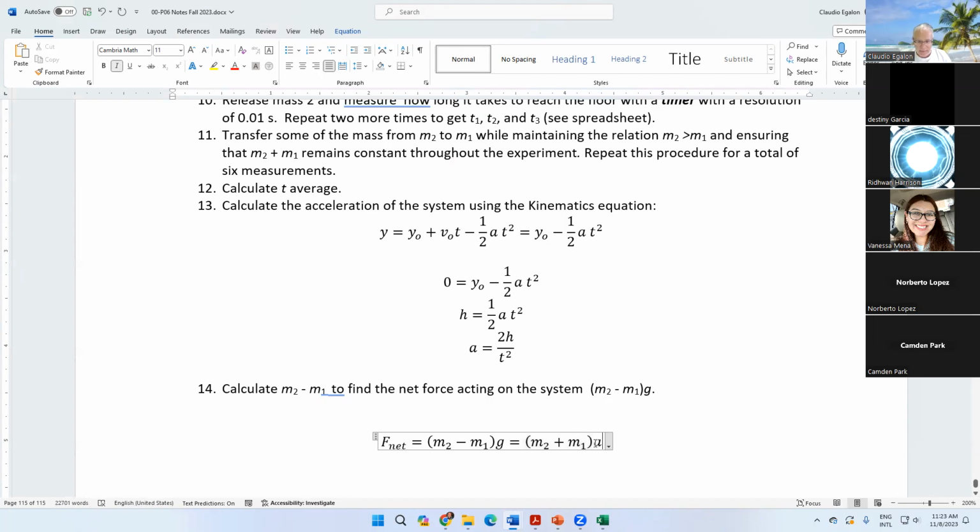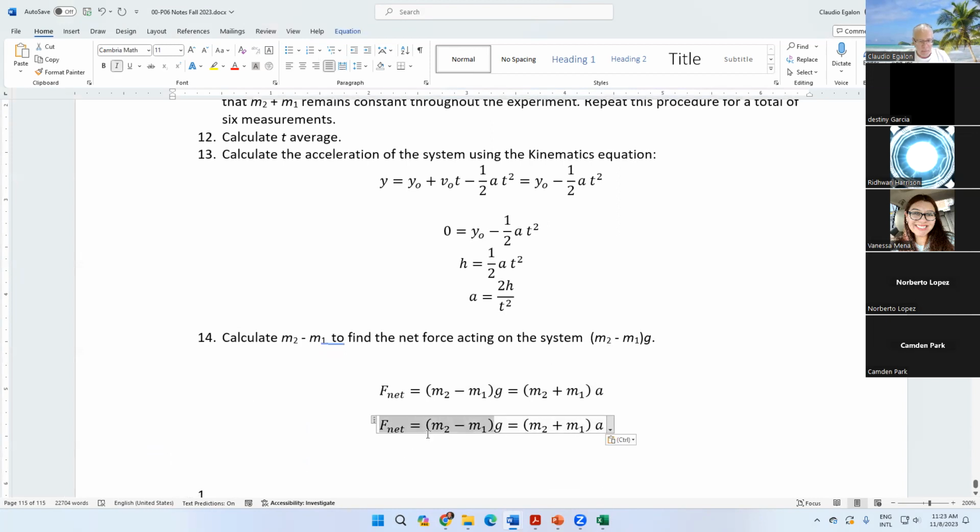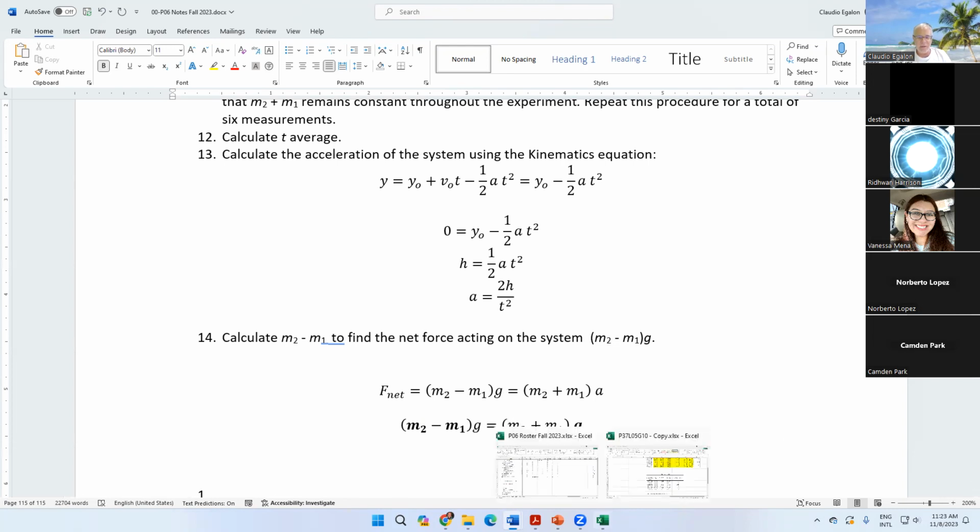Okay? And then this summation is kept constant throughout the experiment. This acceleration is going to change throughout the experiment. I'm gonna highlight what changes and what doesn't change, okay? So we have this equation right in here. This changes. This also changes. But this one here remains constant. So what do we do?